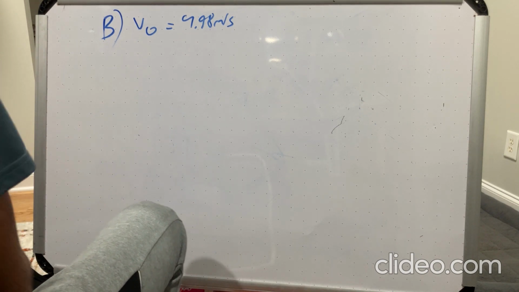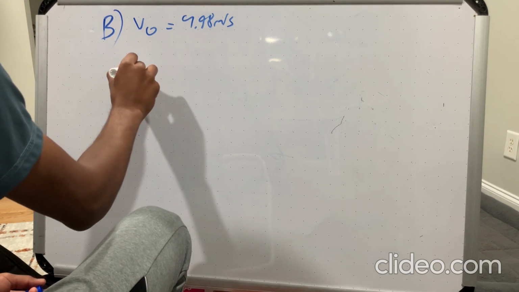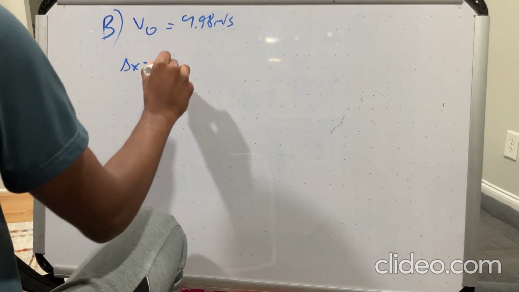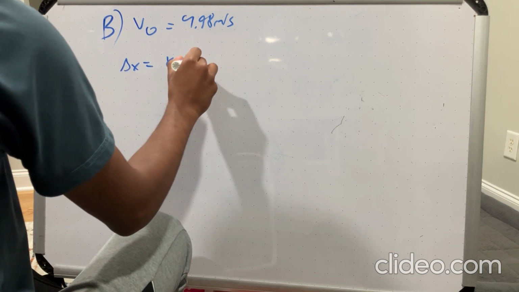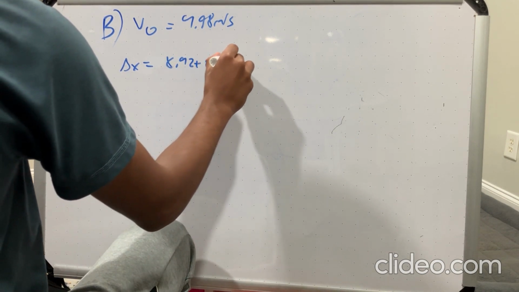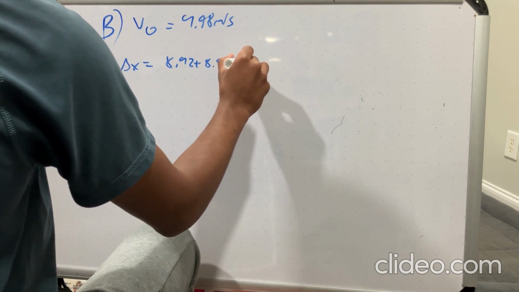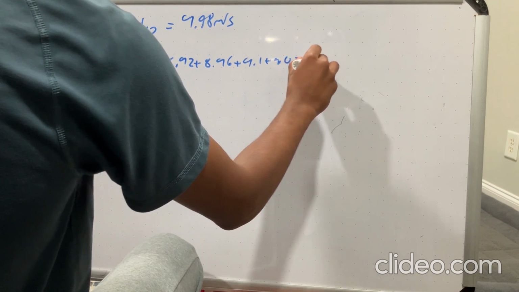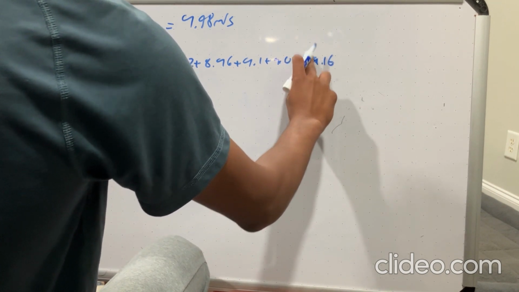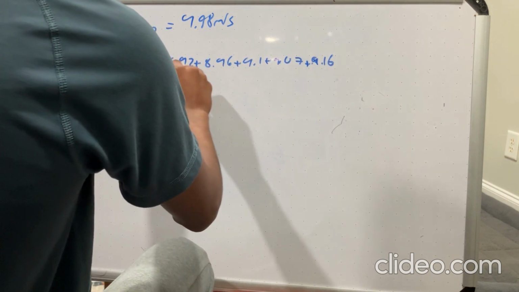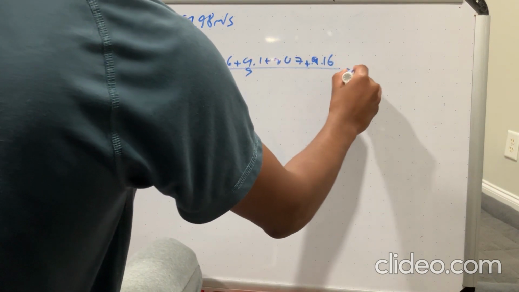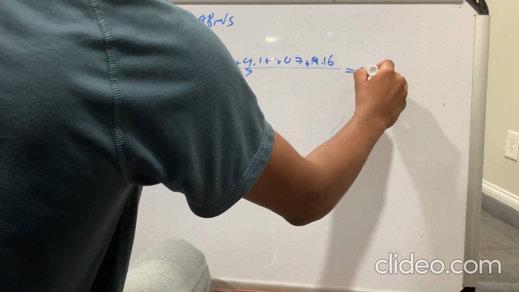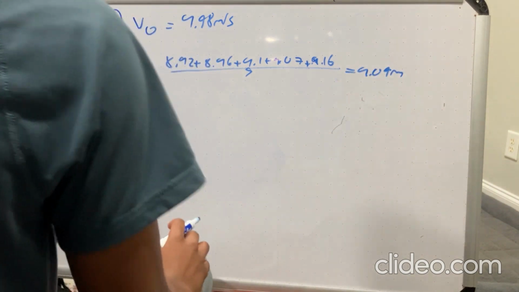So the way you would have gotten the answer is change of x equals 8.92 plus 8.96 plus 9.1 plus 9.07 plus 9.16 all over 5. That gives you a mean of 9.04 meters.